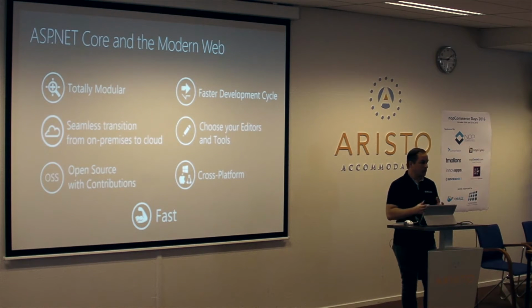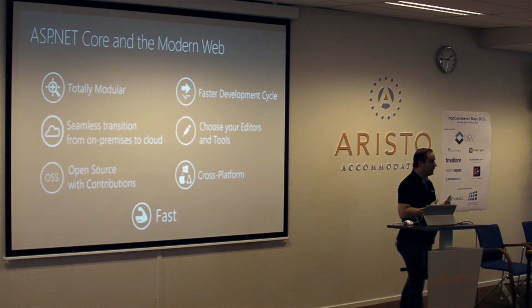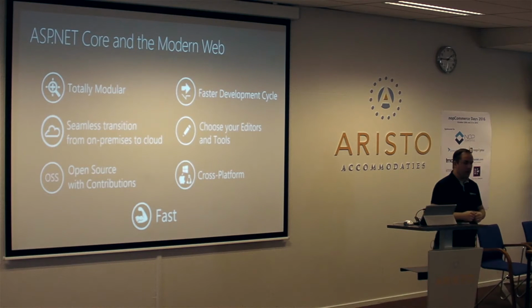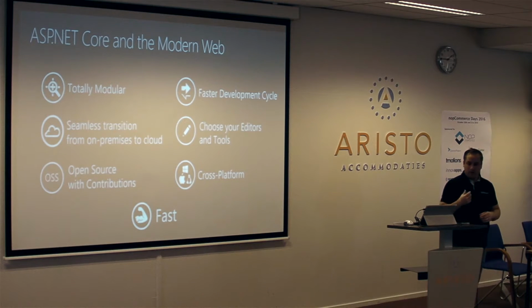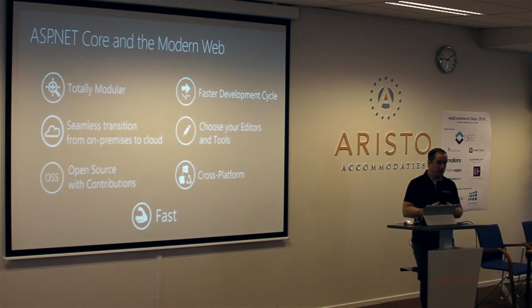It is modular, so all kinds of packages are shipped as NuGet packages. So if you develop an ASP.NET Core application, you don't need to install a complete framework on your server. You only ship your application, and if you compile it, all the libraries and code that are used will be shipped with your application.